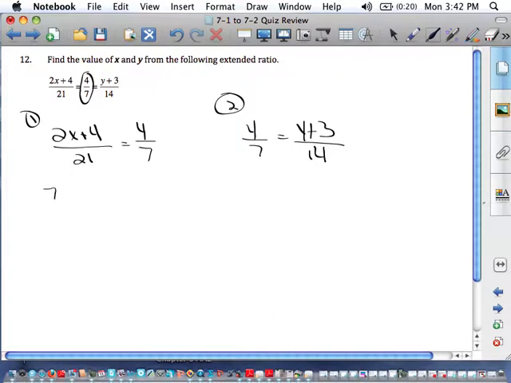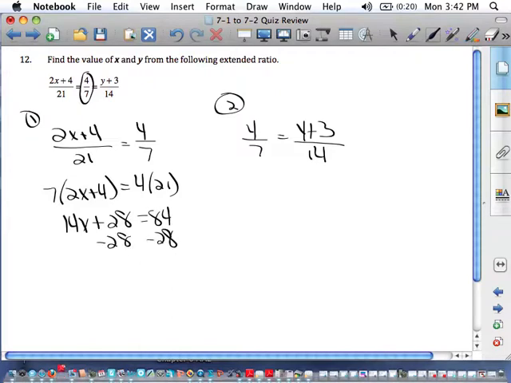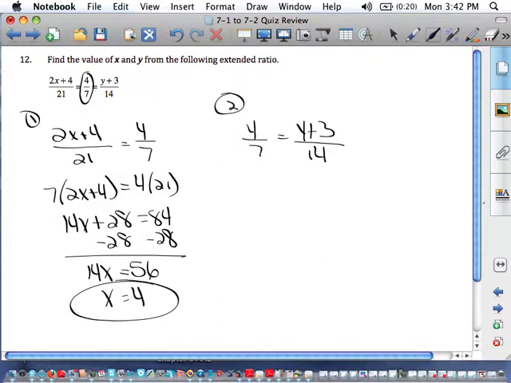Cross multiply, 7 times 2x plus 4 is equal to 4 times 21. So I get 14x plus 28 is equal to 84. Subtract the 28 from both sides. I will get 14x is equal to 56. So x is equal to 4. There's my value for x.